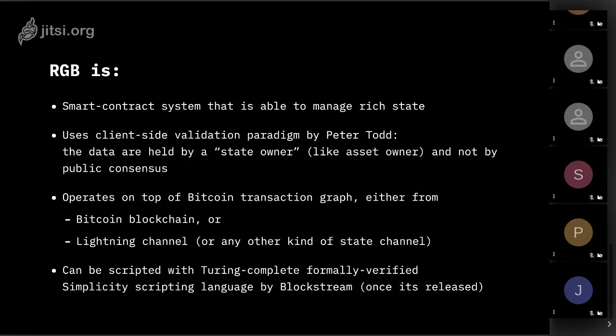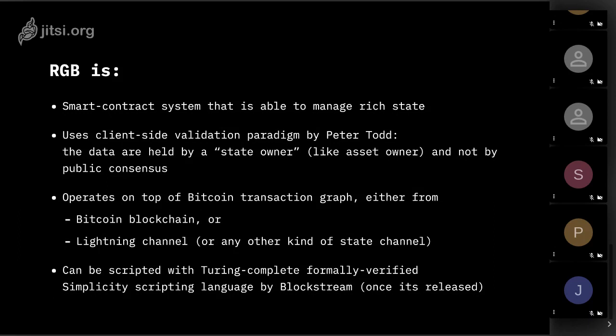And it allows it to work both inside Bitcoin blockchain, on-chain part, or with a Lightning channel, because Lightning channels also have a transaction graph. So RGB is abstracted from the blockchain. It operates on the transaction graph level, and it just trusts either Bitcoin Core or Lightning node that it does provide correct information about the real Bitcoin transactions.